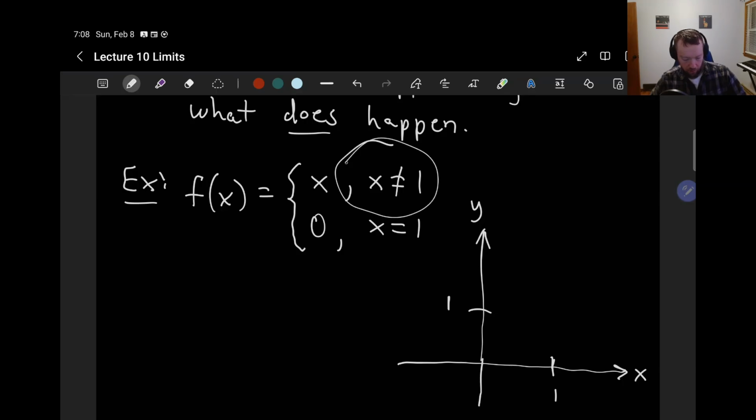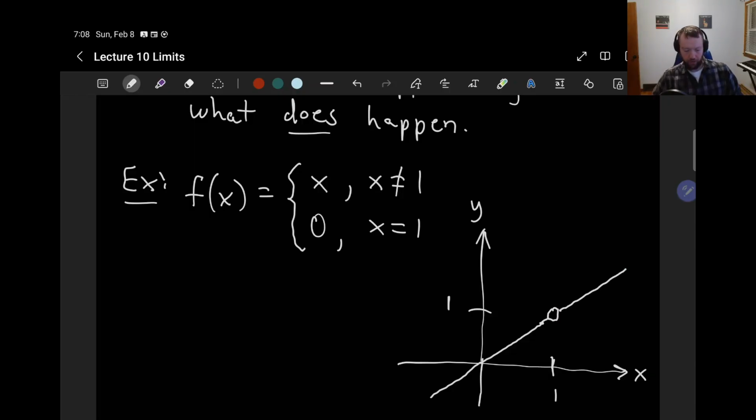So almost everywhere except when x is 1, this is just the line y equals x. But we have to draw a hole here because the function behaves differently when x is 1. You drop down to the y value of 0.